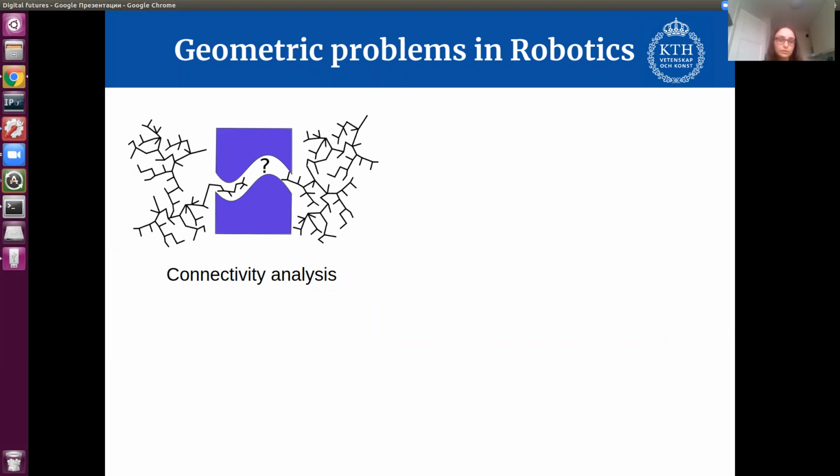So the question here is whether there exists a path from point A to point B. And as we will see in this talk, this is a complex problem, mostly because when we talk about state spaces or configuration spaces of more or less complex systems that are not just a rigid body moving in a 2D space, this space is very high dimensional. And because it's high dimensional, it's difficult to represent computationally and it's difficult to analyze its connectivity.